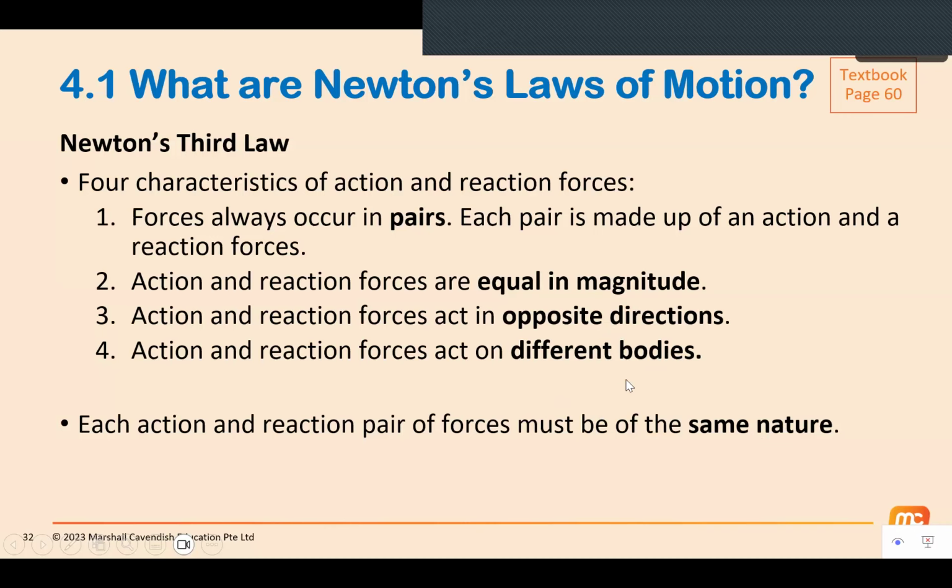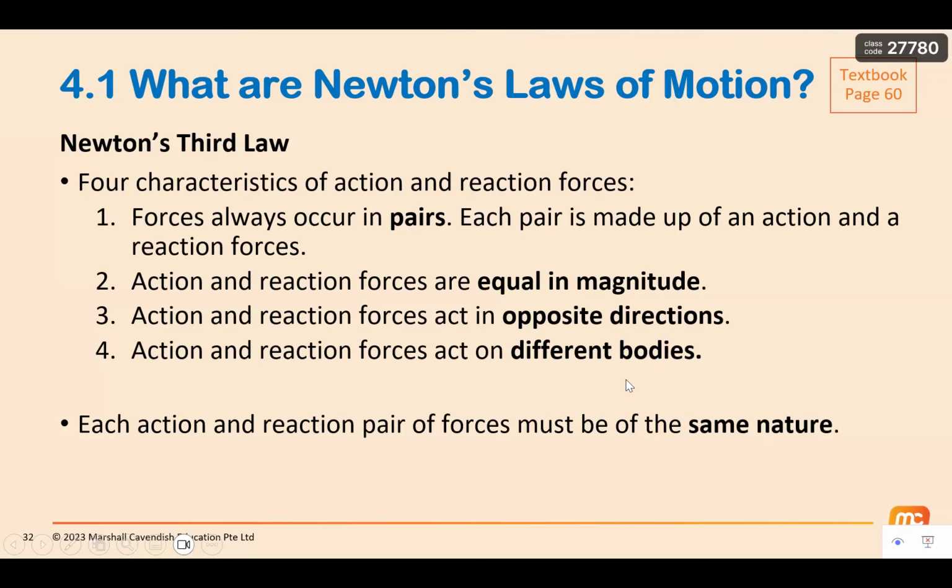So what does it mean that they always act on different bodies? It means that these forces cannot cancel each other out. You can only cancel each other out when the two forces act on the same body. So for example, I have a box A, with 3 newtons acting on A to the right and 3 newtons acting on A to the left.